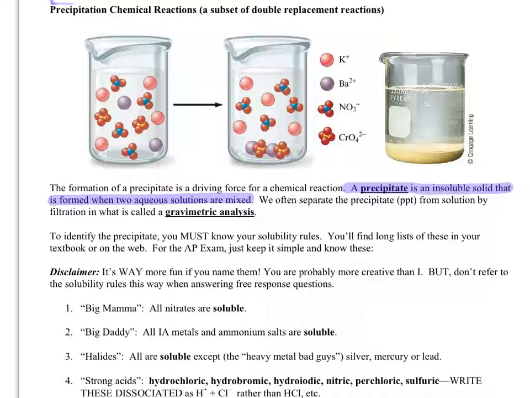We then often separate that precipitate from the solution by filtration, and then we use a process called gravimetric analysis. So let's definitely either underline or highlight this information. We separate the precipitate using a filtration system, and then once we have that solid removed from our solution, we can do a gravimetric analysis.